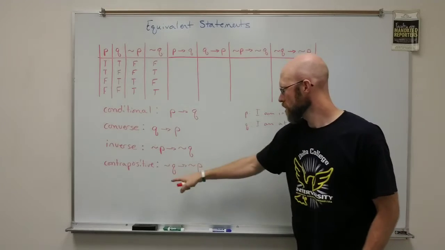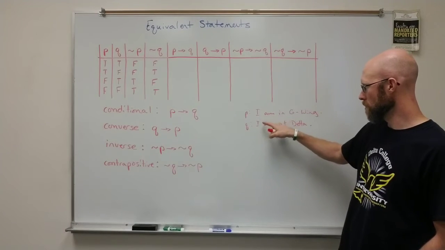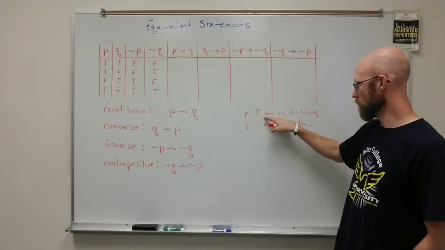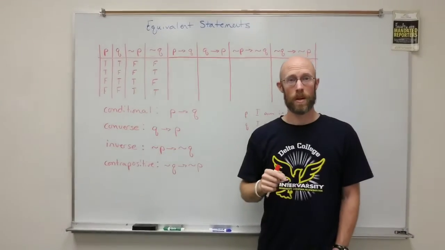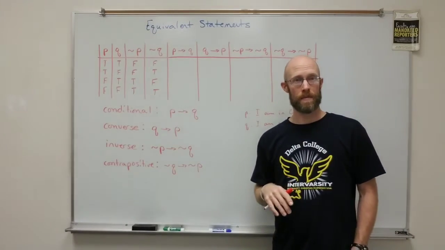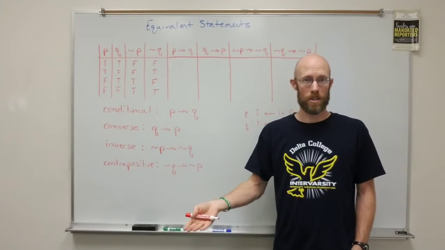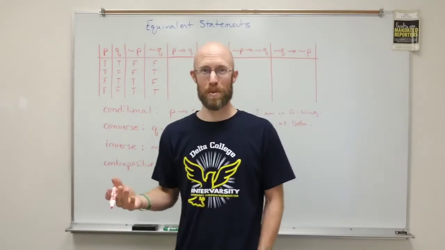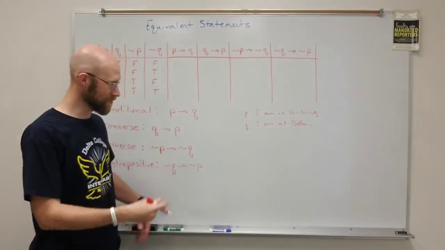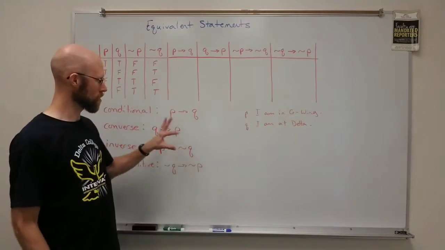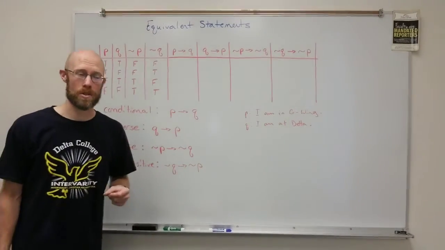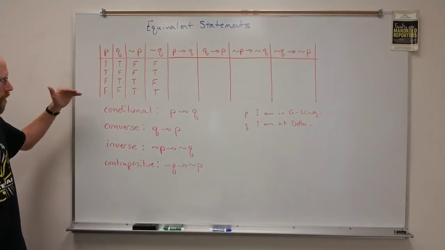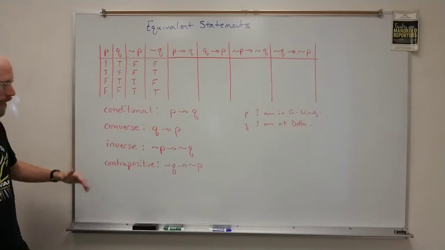The contrapositive, if I am not at delta, then I am not in the G wing. Well, that definitely would be true. If I'm off campus somewhere, I can't be in the G wing. It's like being in two places at the same time. So, anyway, just some ways you can think about those four statements. But the four statements are the conditional, the converse, the inverse, and the contrapositive.